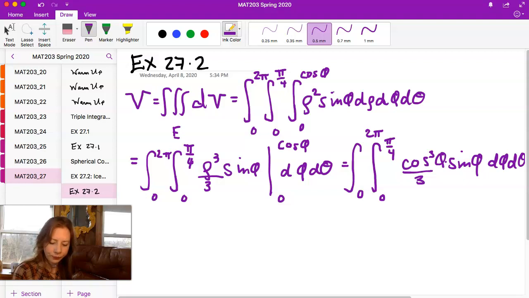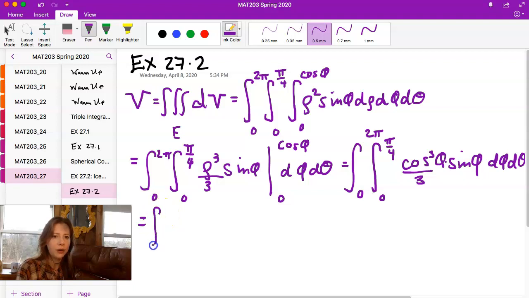So then we don't need to even completely go in this order here, because you can see that cosine cubed phi and sine phi have nothing to do with theta. The extents for phi, 0 to pi over 4, don't have anything to do with theta either.